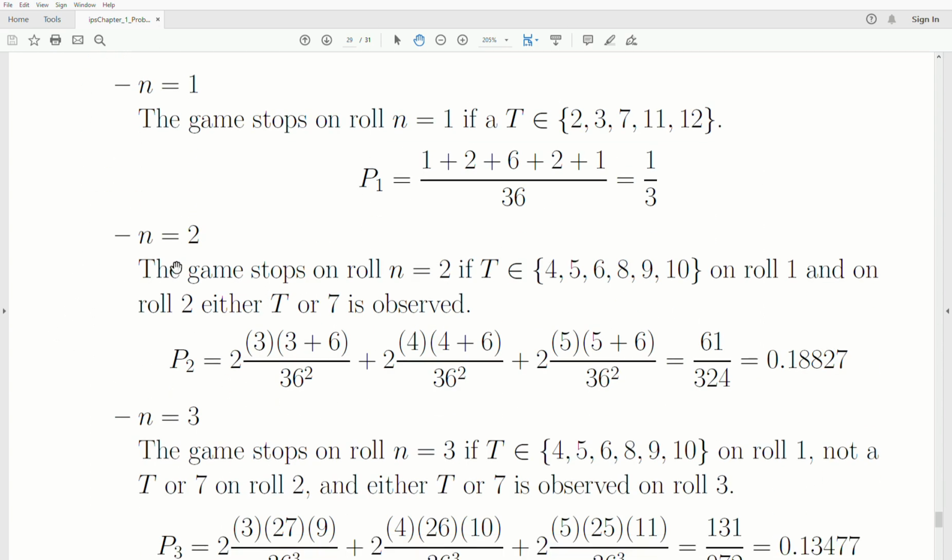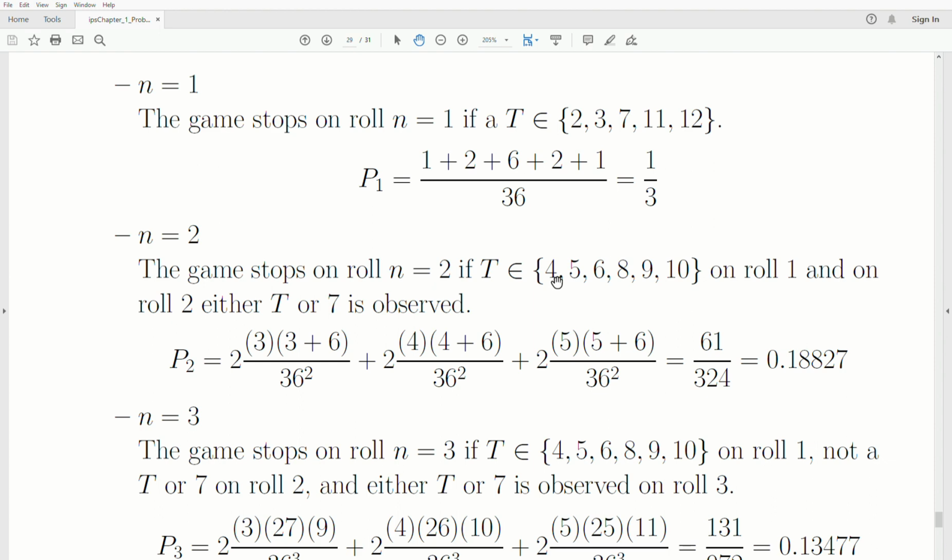Now, for n equals 2, the game stops on roll 2 if the point is one of these 6 numbers on roll 1, meaning we didn't win or lose instantly, and on roll 2, either the point or 7 is observed. So let's calculate that.